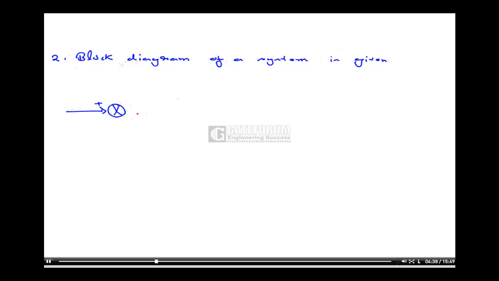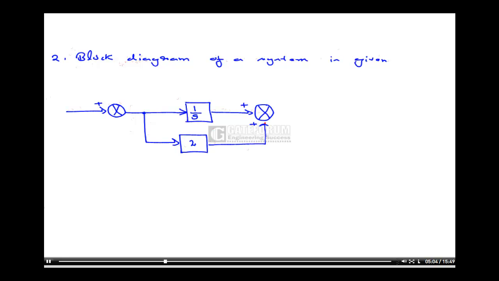Plus, this is going to another block, 1 by S, again one summing point with plus, and from this there is one takeoff point going to this summing point as a plus. From here it goes to one block with 2s as a function and then C(s).